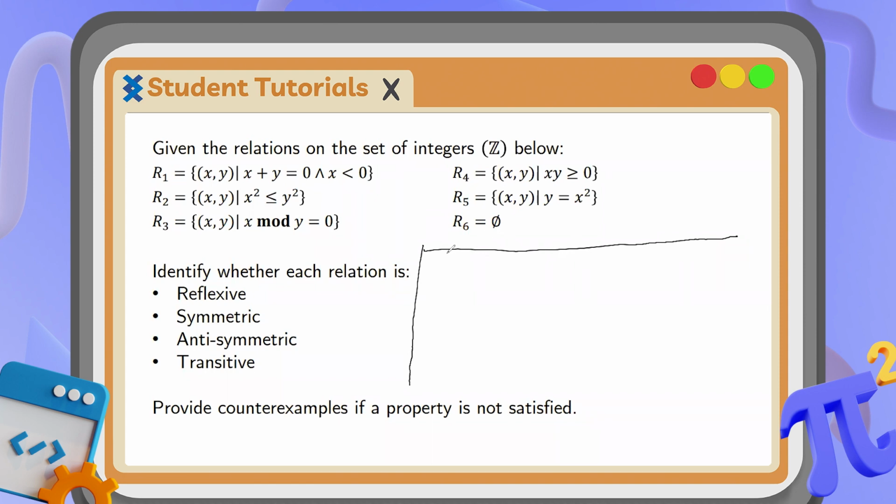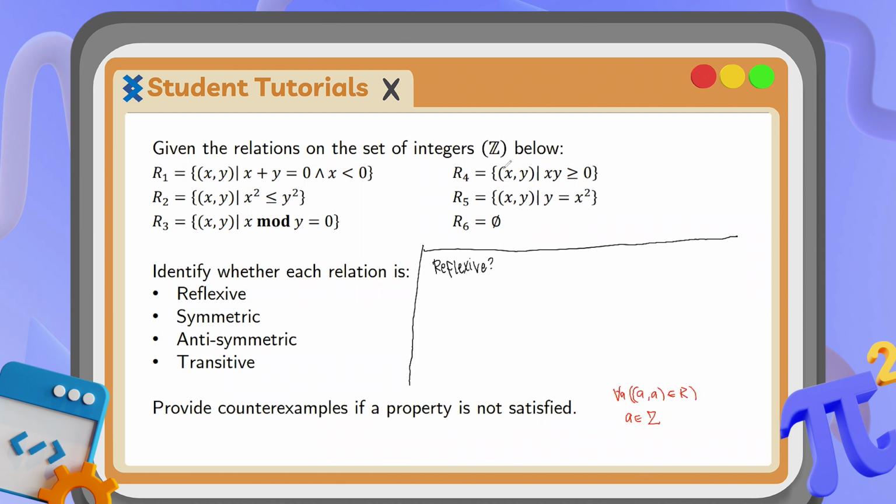So let's first determine whether R1 is reflexive. So again, for reflexive, we need to make sure that for all elements a, (a, a) is in the relation, where a, in this case, is in the set of all integers. So how do we solve for this? We basically test all values over here.